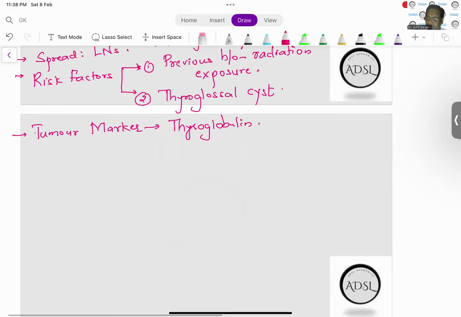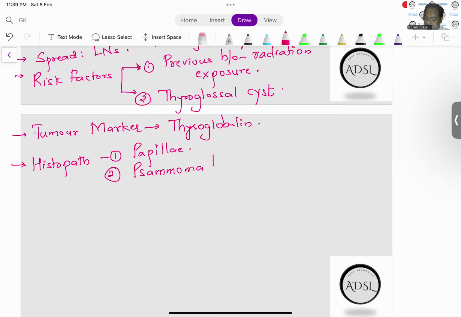And what are the histopathological characteristics of this? As the name suggests, there are papillae. These papillae outgrow their blood supply, and hence there are dead cells at the tip of the papillae. These dead cells are called Psammoma bodies.